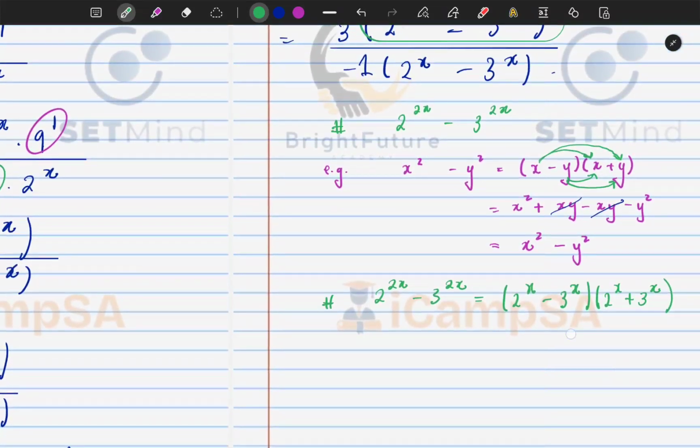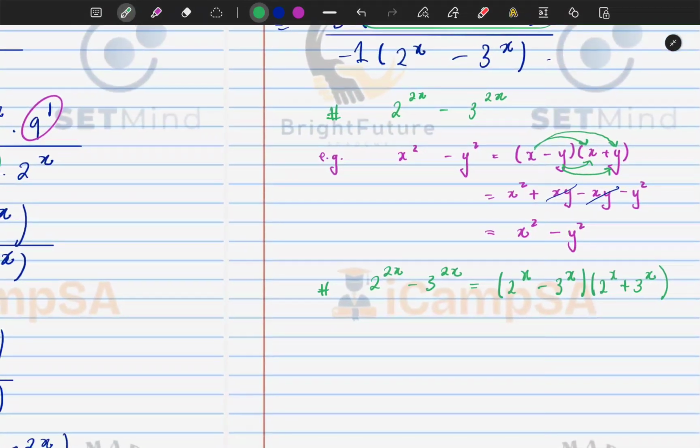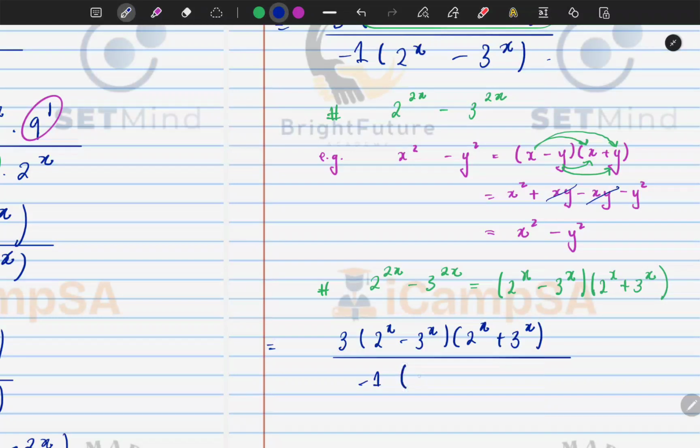So I'm going to take this and substitute it there. So now I have 2 to the power of x minus 3 to the power of x into 2 to the power of x plus 3 to the power of x, all over negative 1 into 2 to the power of x minus 3 to the power of x.